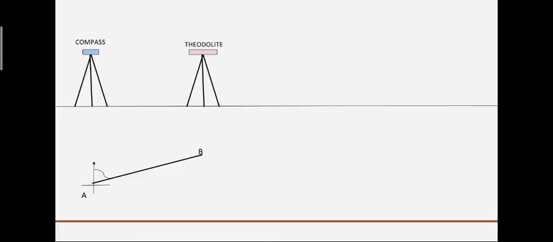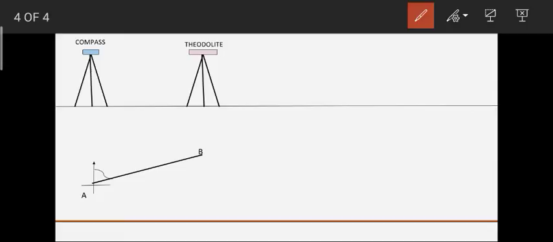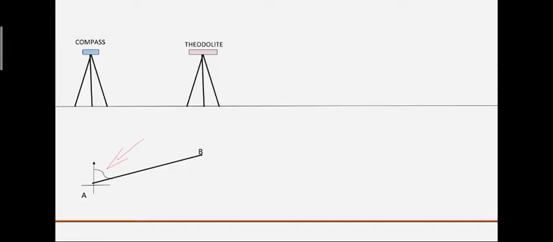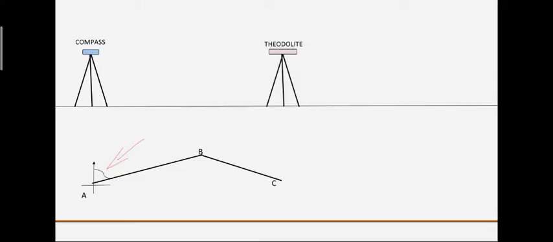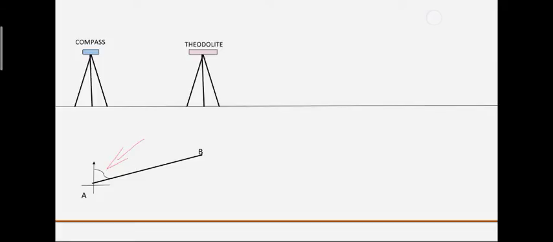Now what you are going to do is bisect the point A, right, and then transit the telescope by 180 degrees.